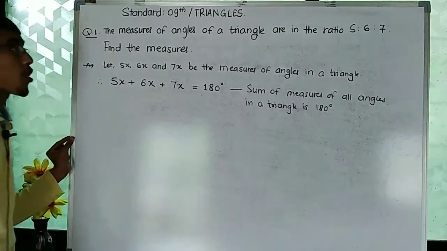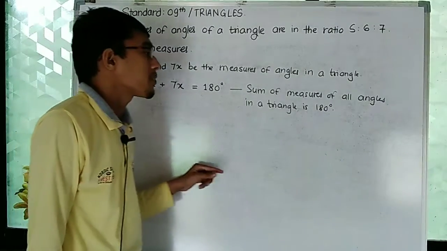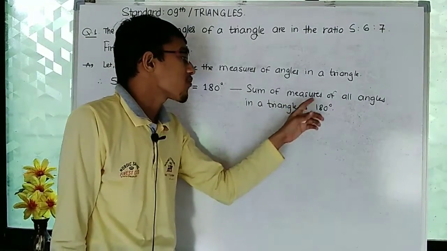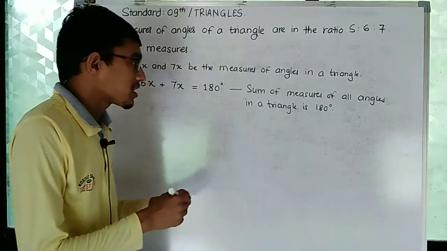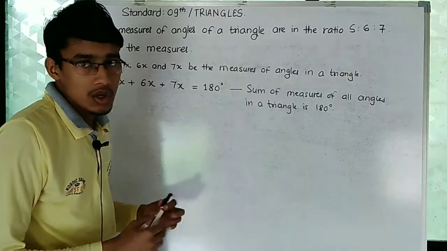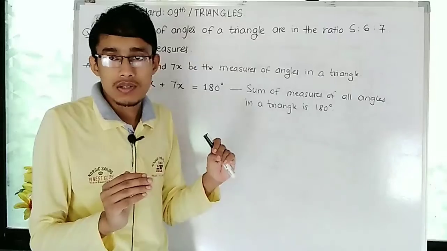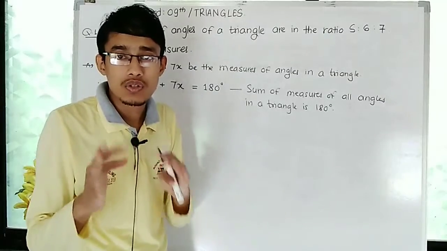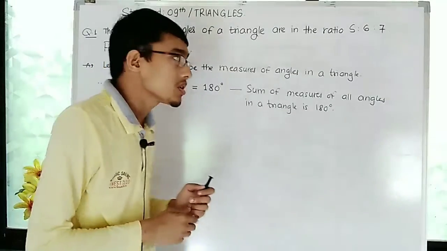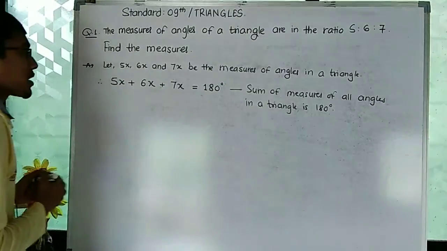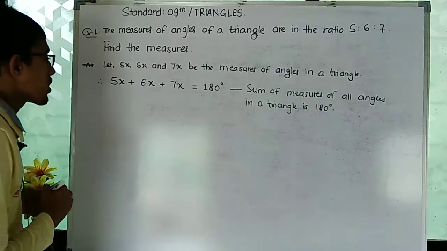Okay, this is the property of a triangle that we all know, that the sum of measures of all angles in a triangle is 180 degrees. There are three angles, so the sum of all the three angles is going to give us 180 degrees.